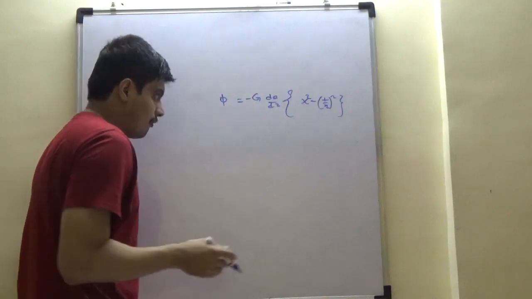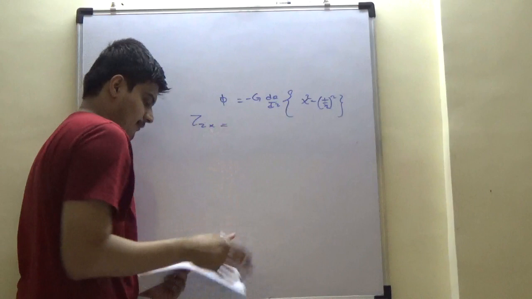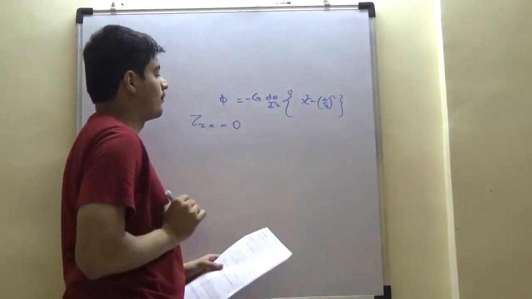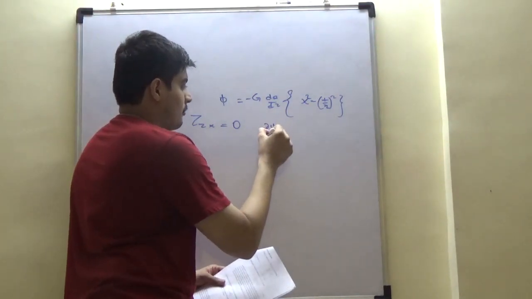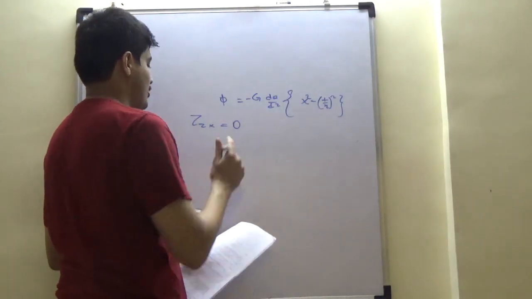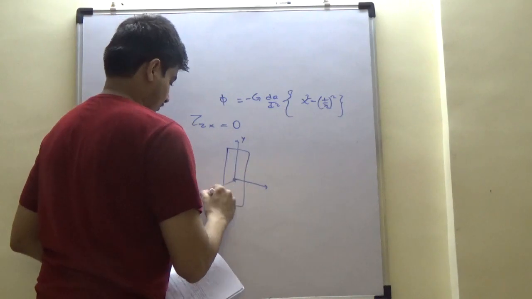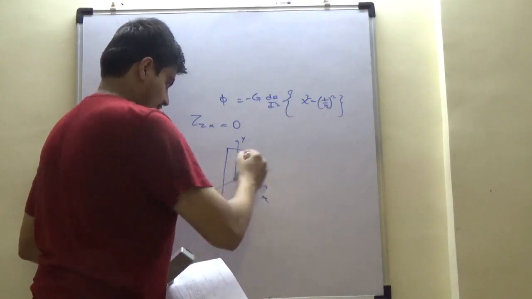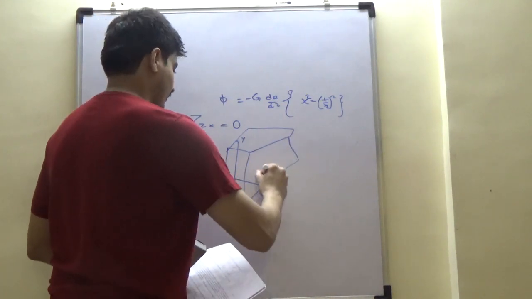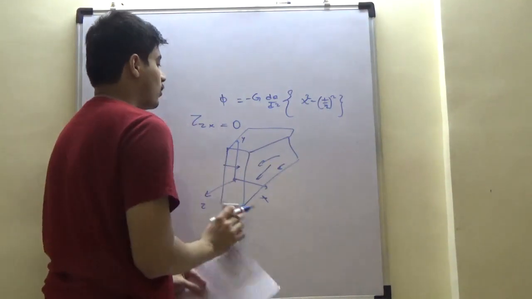Now, once we know phi, we have to know tau zx. Tau zx is going to be 0. Why? Del phi by del y, gone. Which means the stress in this plane of the slab, this is how the slab is going to look, the stress in these directions is 0.